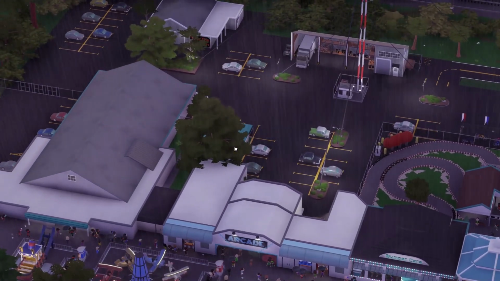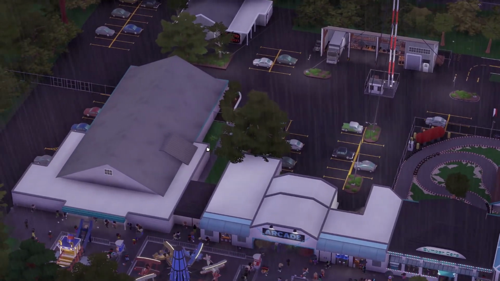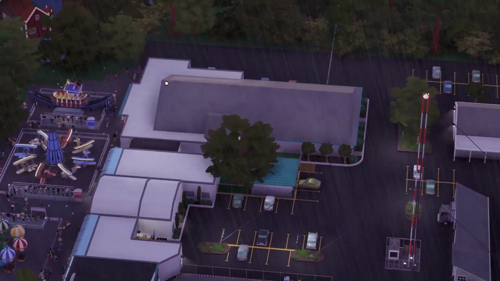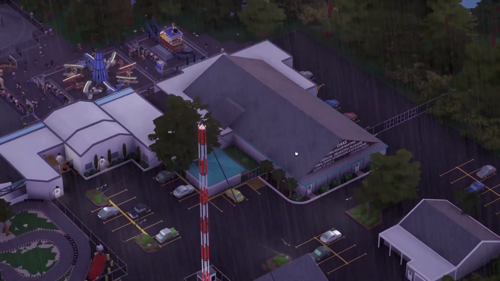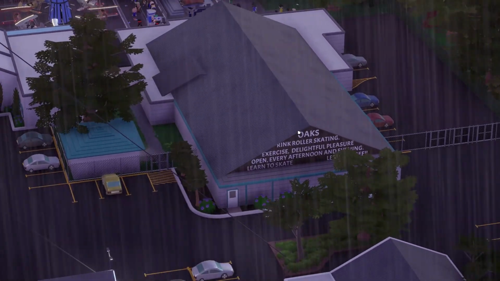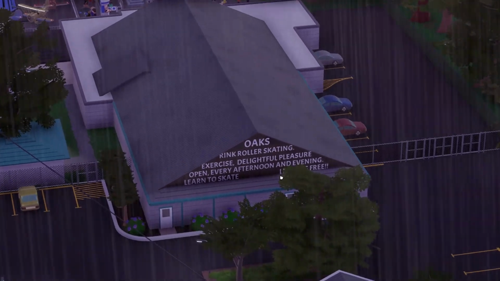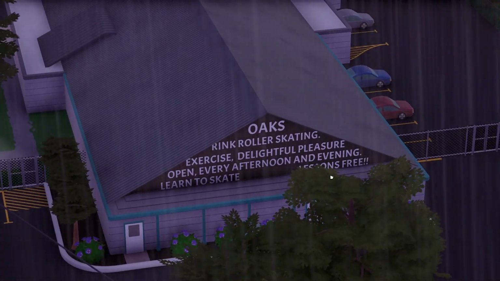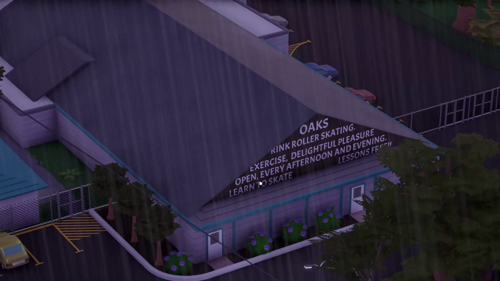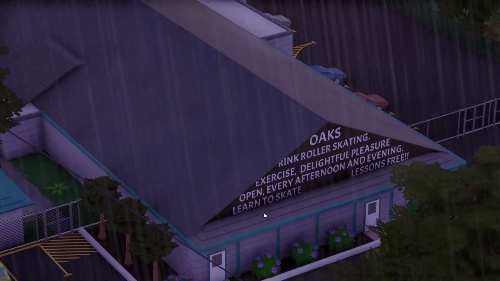The other thing that the park is really well known for is this building, which houses the roller skating rink. Since the early 1900s, it said, "Oaks Rink Roller Skating, exercise delightful pleasure, open every afternoon and evening, learn to skate, lessons free."